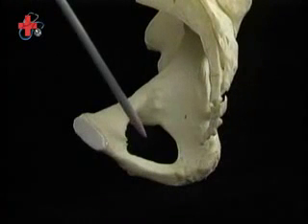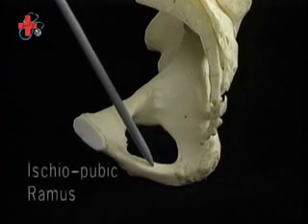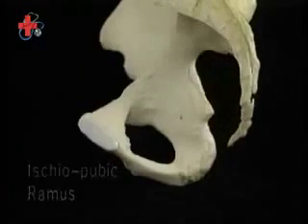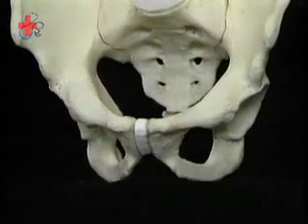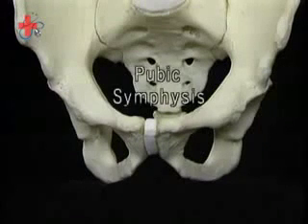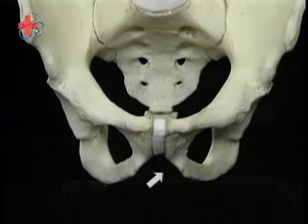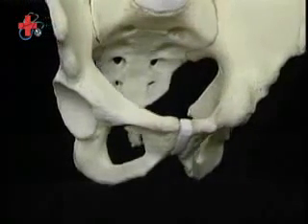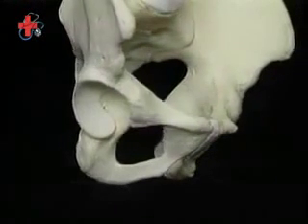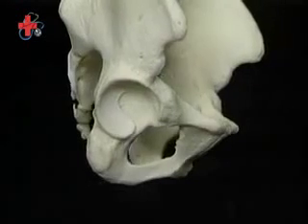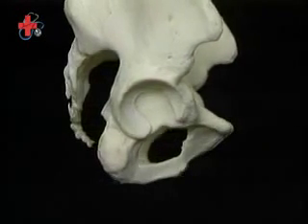The part of the hip bone below the obturator foramen is the ischiopubic ramus. The two ischiopubic rami, meeting in front at the pubic symphysis, form the pubic arch. When seen from the side, the ischiopubic rami slope backward and downwards toward the ischial tuberosities.